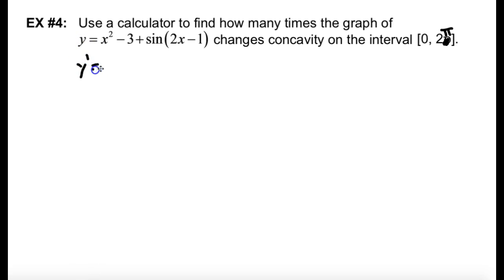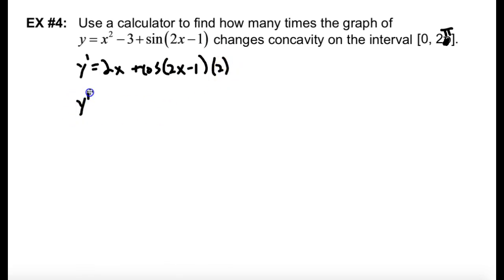So y prime would be 2x minus 0. The derivative of 3 would be 0. Now here we actually have to use chain rule, right? So the derivative of sine is cosine. So plus cosine, don't change the inside, then times the derivative of the inside, right?